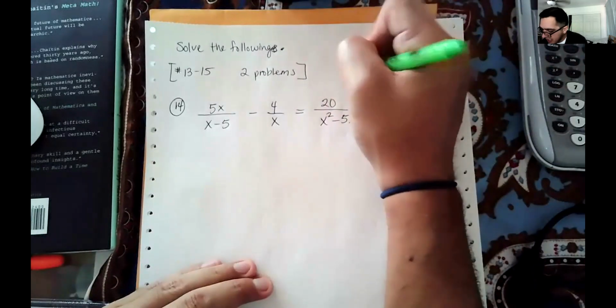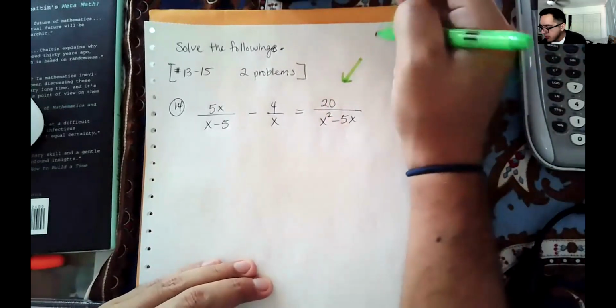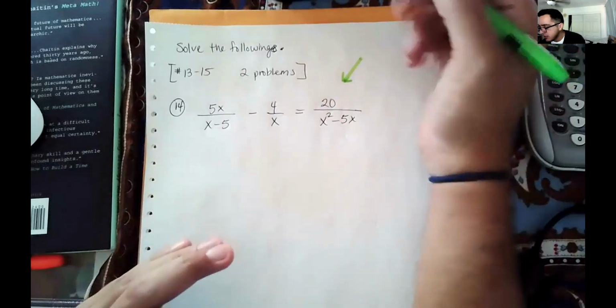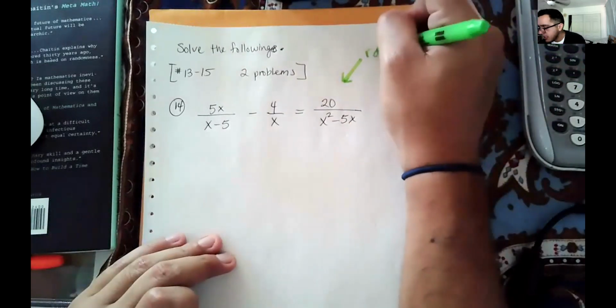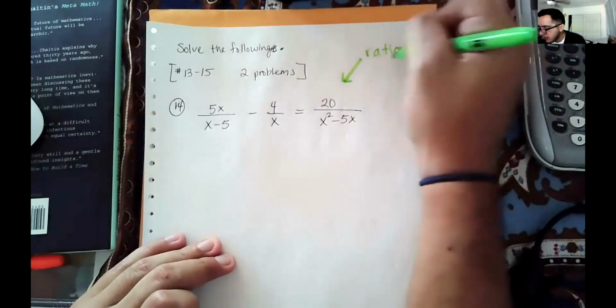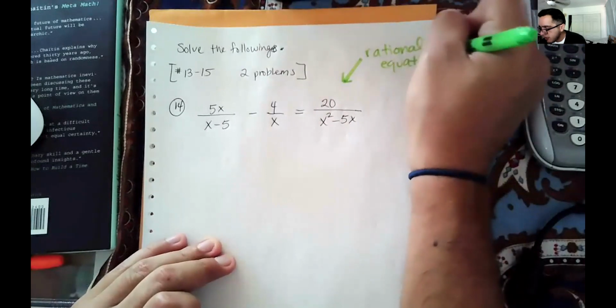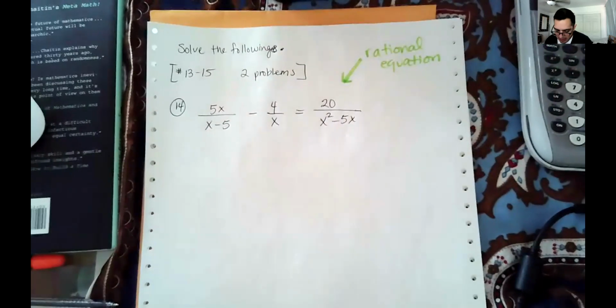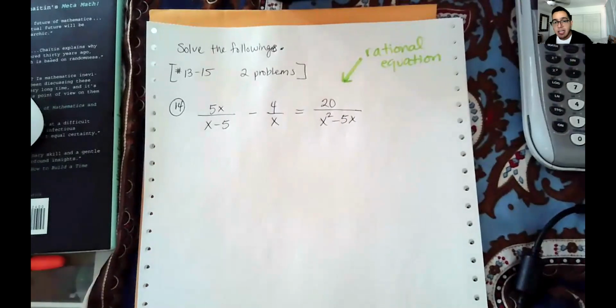So whenever you have these algebraic fractions with variables in the bottom of the fractions or in the denominators, these would be rational equations. And I would tell you guys that the first thing that you have to do when you're solving a rational equation is find the restricted values. That is, there are certain numbers or values of x that cannot be solutions for the equation.